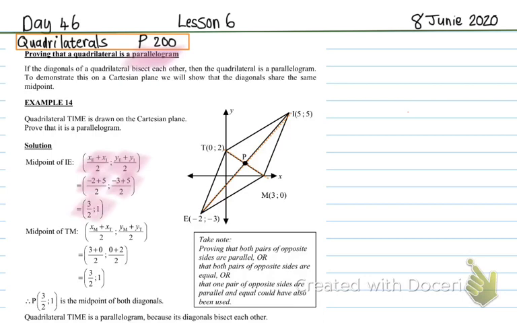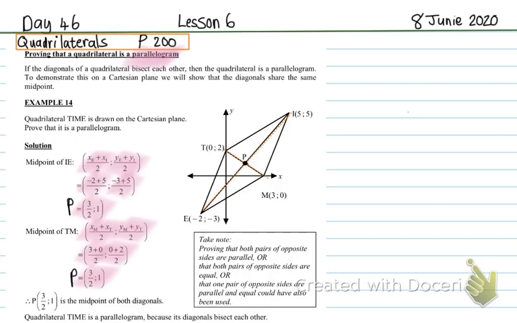So that is the first midpoint. Then the other diagonal, TM, x values added divided by 2, y values added divided by 2 to get the midpoint. So it's 3 plus 2 divided by 2, 3 plus 0 divided by 2 and 0 plus 2 divided by 2 gives me 3 over 2 and 1.